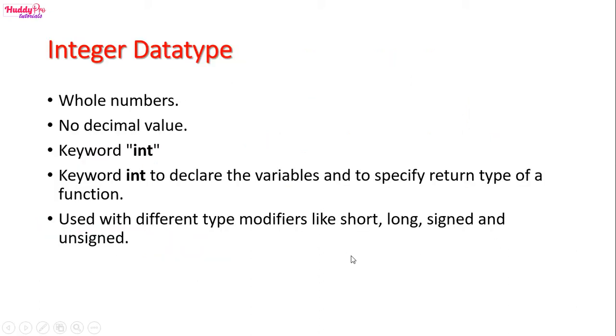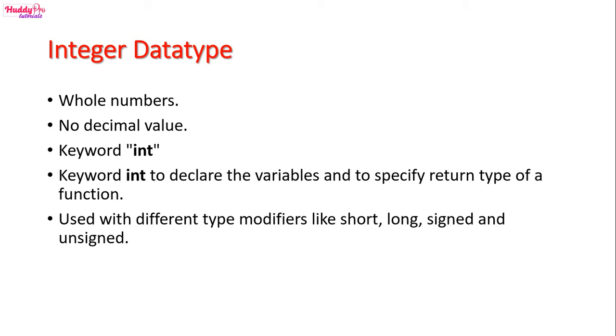Let's talk about the integer data types. The integer data type is a set of whole numbers. Every integer value does not have the decimal value. So an integer is a whole number with no decimal value.